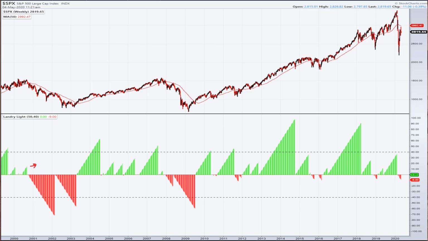Now, I haven't tried to quantify this, and maybe I don't need to, but I think just as a general observation, you can see when we have these big bear markets, it stays red for a while, and then it stays red for quite a while longer. And then in these nice little bull trends we have, it stays mostly green, and you have a little red here and there. And of course, after it's red for a while, it begins to worsen.